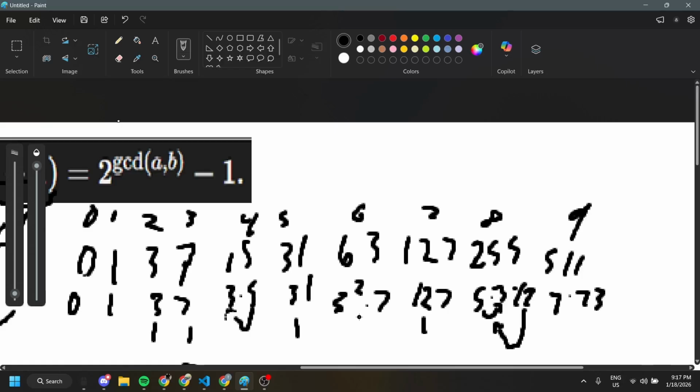Both 7 and 3 squared, which is 9. 3 squared goes into 7. Although 3 could matter on its own, but the 3 squared wouldn't matter unless it's multiplied by 7.